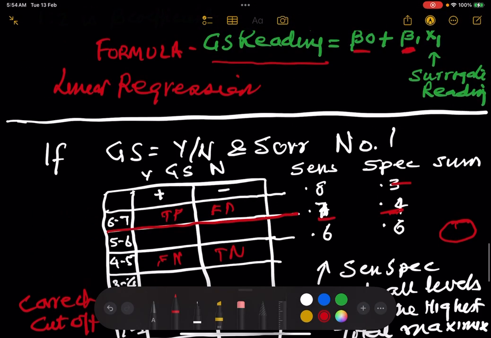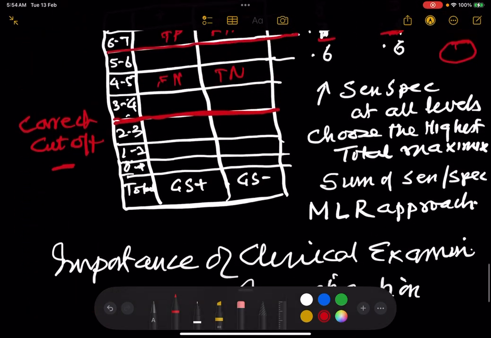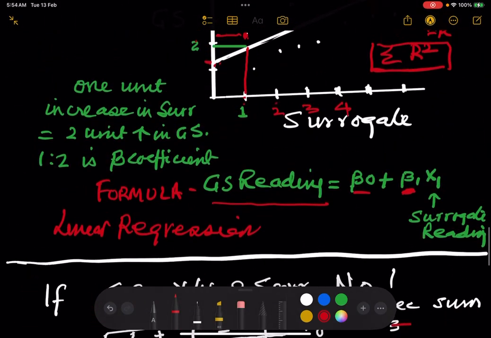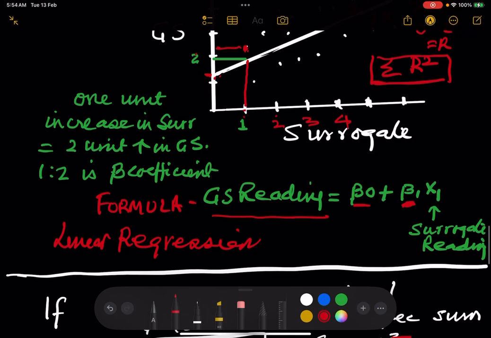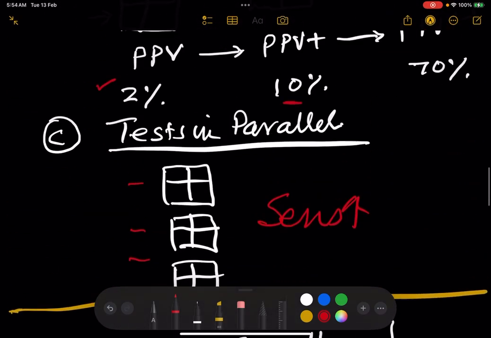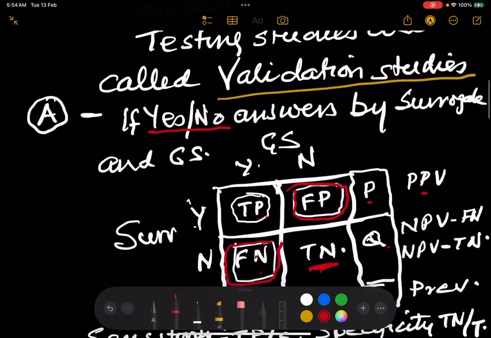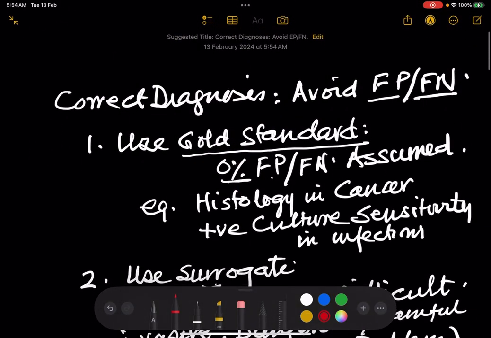So this is the method of validation if one of the surrogate or the gold standard is numeric and the other is binary. So these are diagnostic tests, correlation tests, validation tests, and you have to do studies to find out the test characteristics: how good is a diagnostic test in saying whether the event of interest is present or absent.